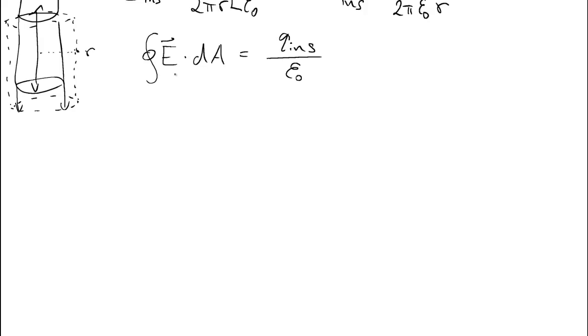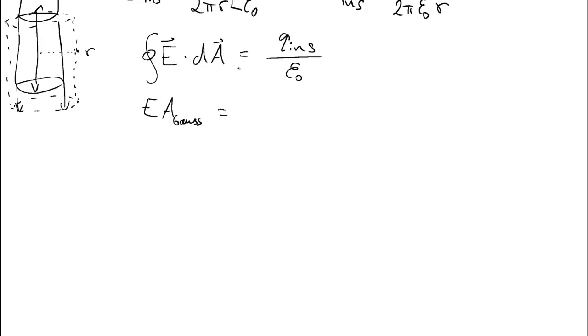I'm going to speed up the part on the left side because we just did that, where we have E constant and the normal vector of the area is parallel to the electric field, so in the end we will just get E times the area of the Gaussian for the same reasons as before. Now we just have to figure out what we get for the Q inside, because we have two objects now, so we have to sum all the charges we have.